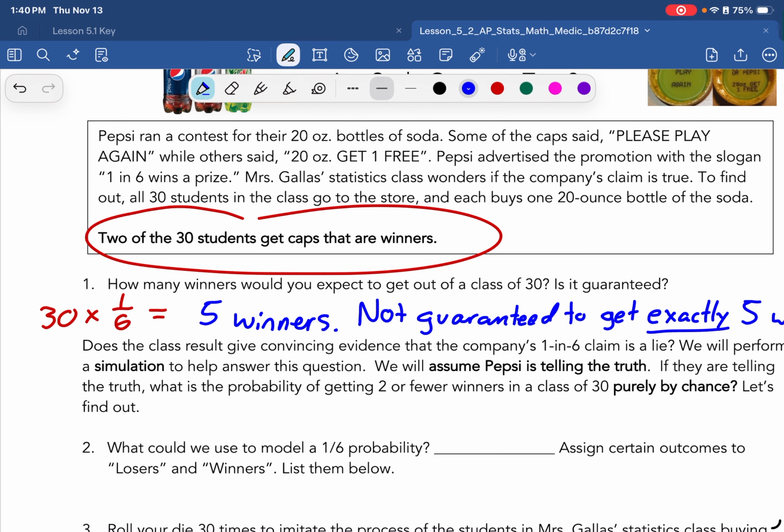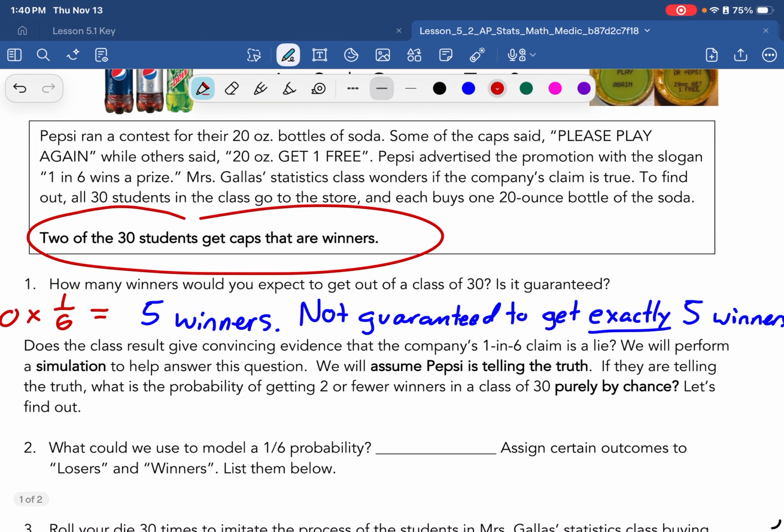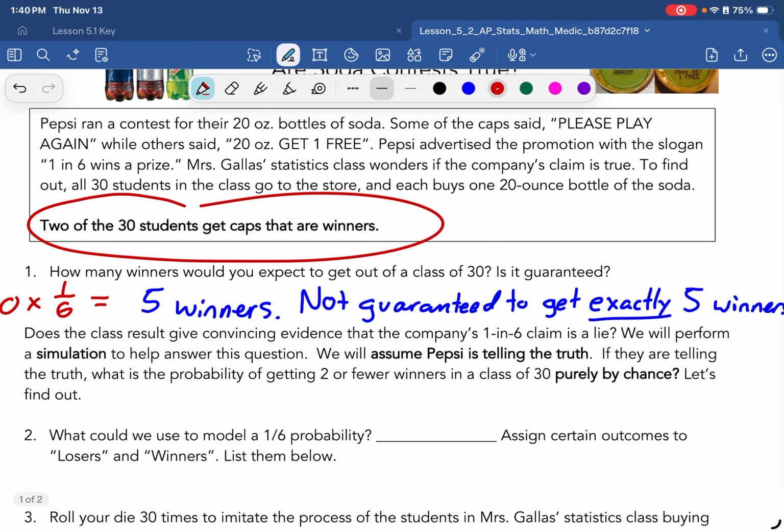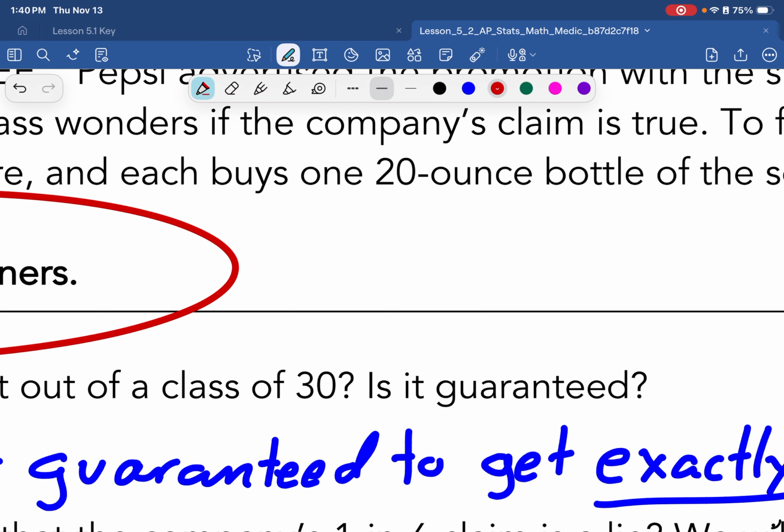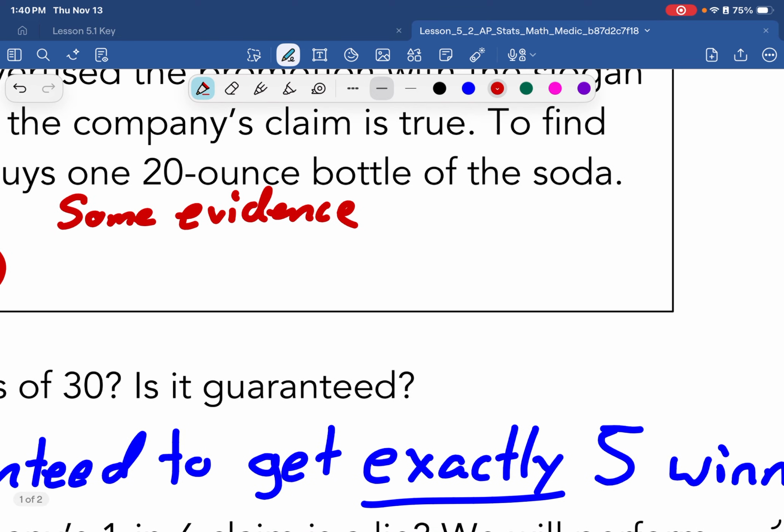What I want to point out here is we want to know, does the class result give convincing evidence that the company's 1 in 6 claim is a lie? Well, I would say we have some evidence. And why? That's what I want you to think about. Why is there some evidence that Pepsi is lying?